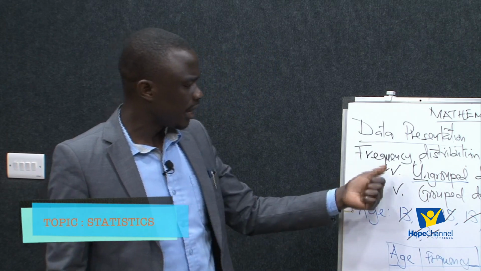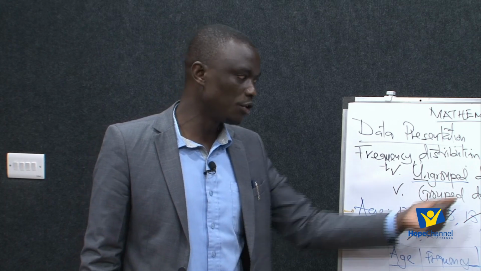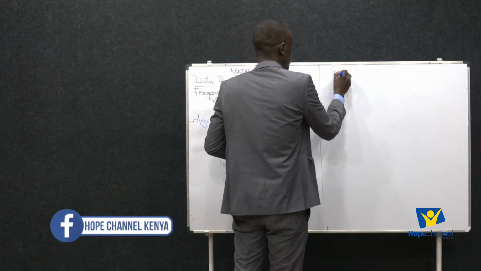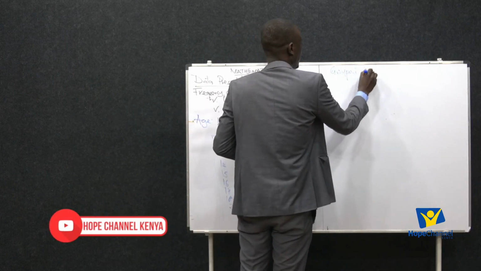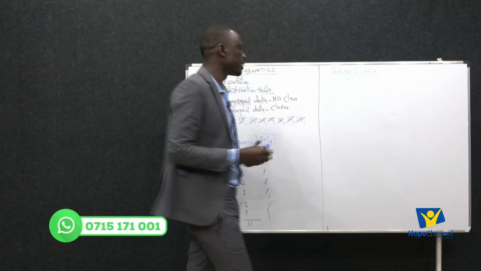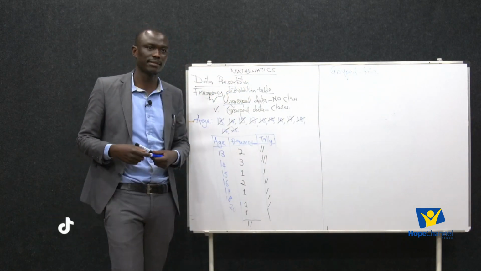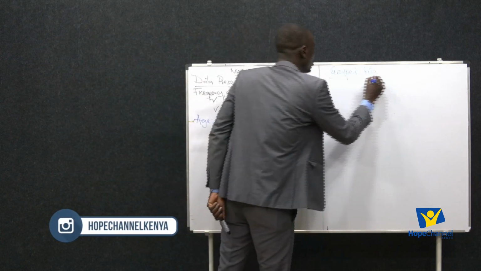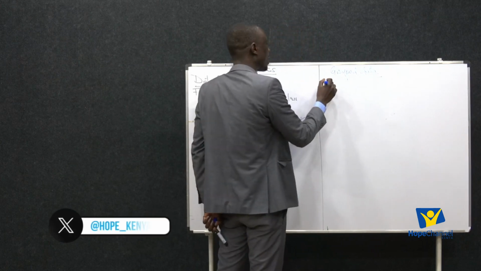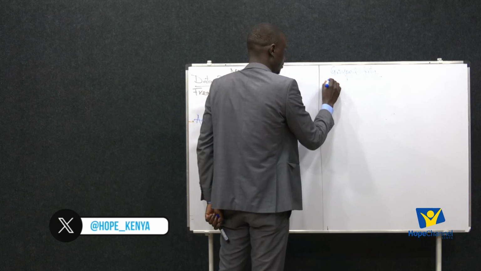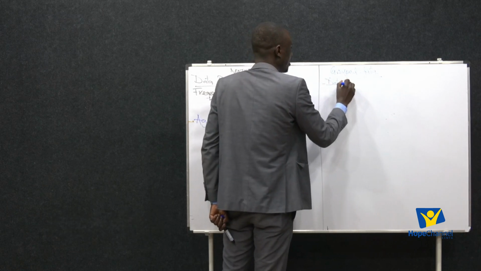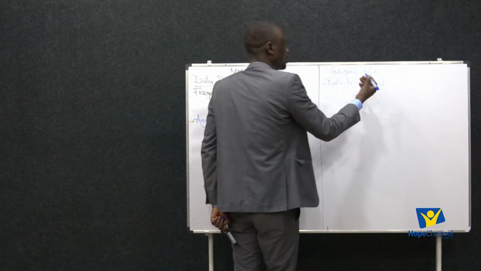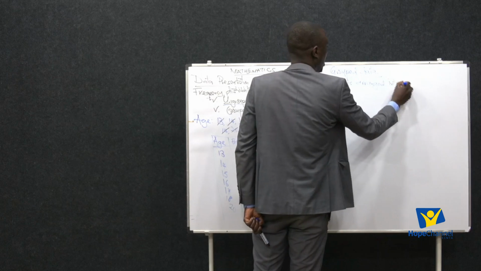Now, how do we get it for grouped data? The first thing that you are supposed to know is that in grouped data, the observations are arranged into classes.